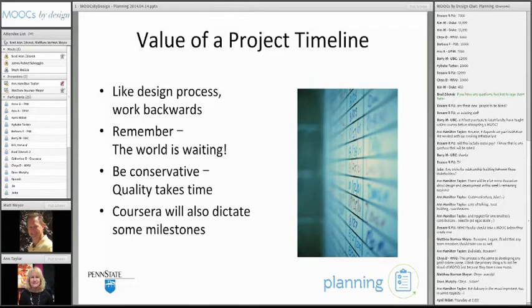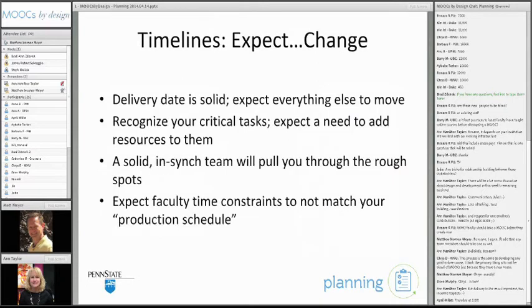It was good to keep us on our toes, but you have to factor those things in. You do, as I said, need to expect change. Your delivery date should more or less be solid, but know that other things are going to move.